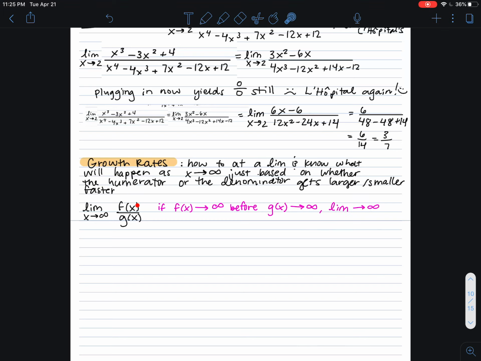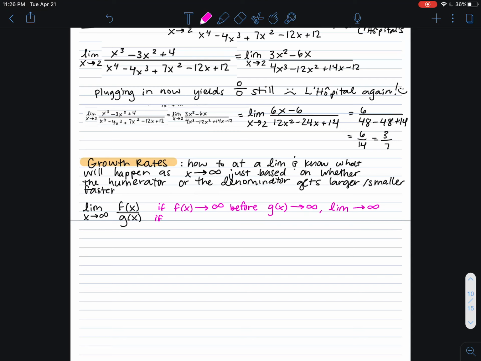Because if we have infinity over infinity, that doesn't really mean anything. We know that that's not a legitimate mathematical statement. But if this guy gets to infinity before this guy does, then it's infinity divided by essentially a number, which we know is infinity.